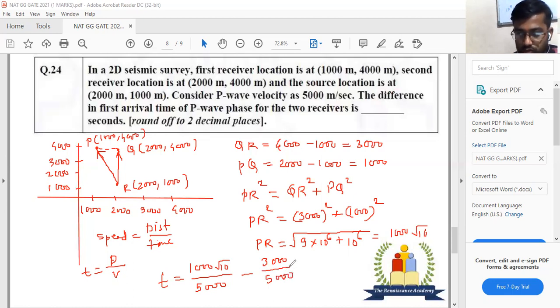If you solve this, you will get 0.63 minus 0.60. After subtracting, you will get 0.03 seconds. This is your final answer. The difference in first arrival time of the P wave phase for the two receivers is 0.03 seconds.